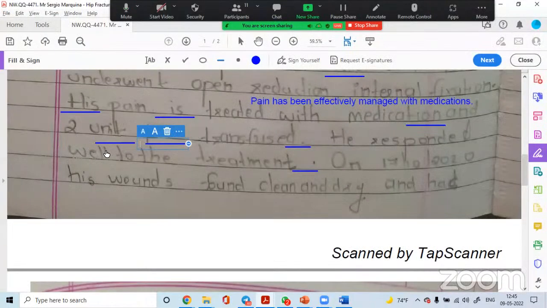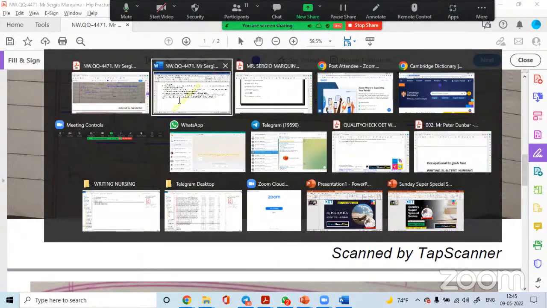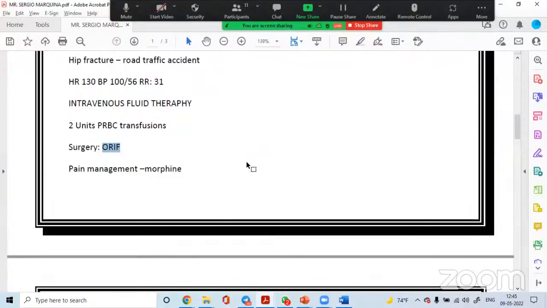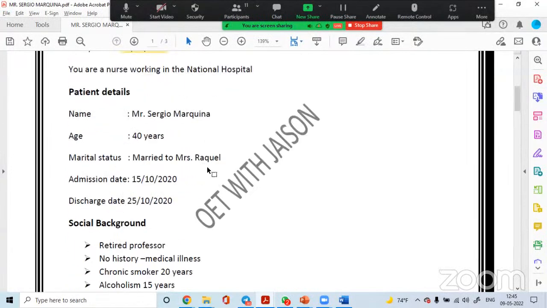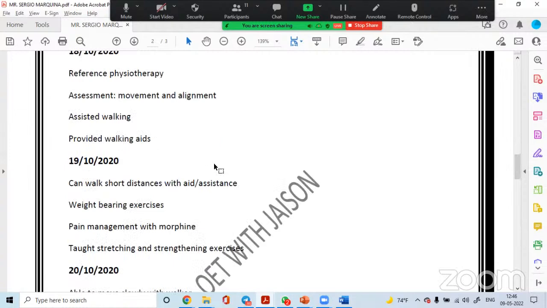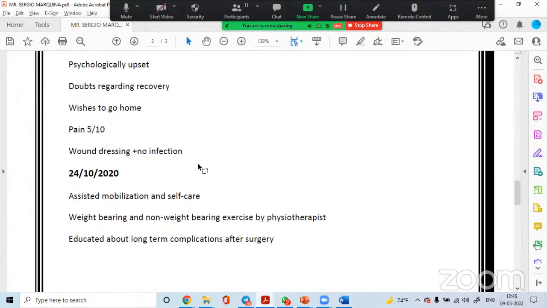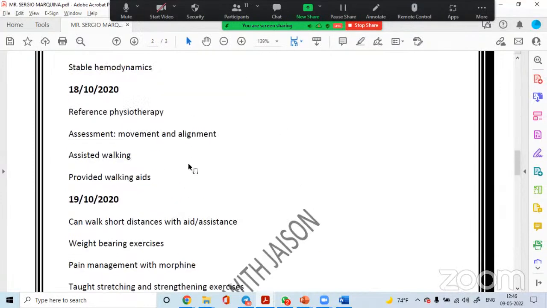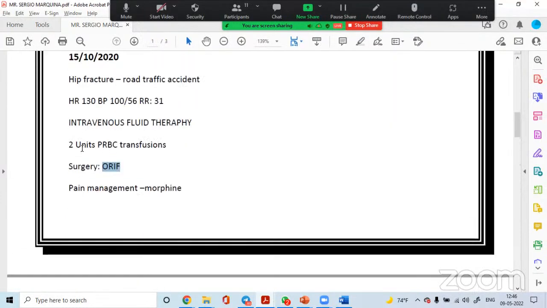So 2 units PVC transfused. What exactly it is? Red blood cells. Packed red blood cells. Actually, it is packed red blood cells. Okay. 2 units packed red blood cells were transfused.